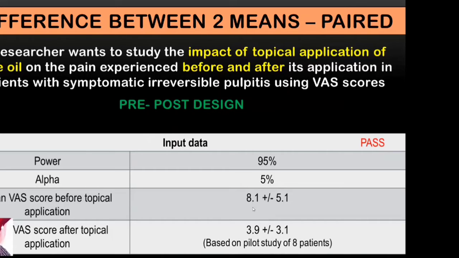So the pulpitis pain is 8.1, and after application of clove oil, the pain is reduced to 3.9. This data is based upon a pilot study conducted among 8 patients. So the mean difference between 8.1 and 3.9 is 4.2, and the common standard deviation or pooled standard deviation for 5.1 and 3.1 is approximately 4.